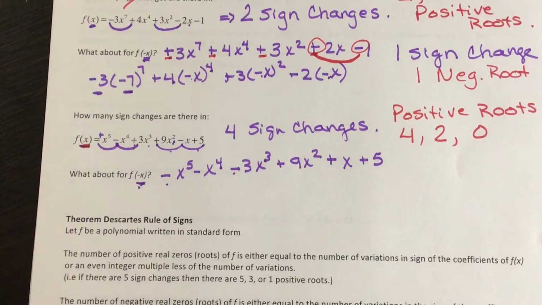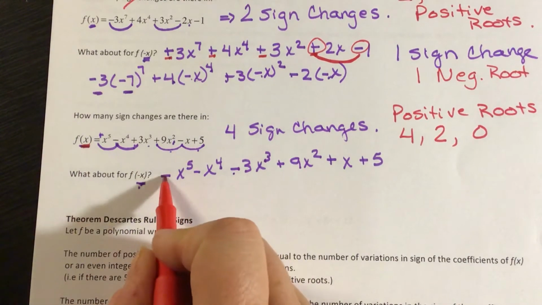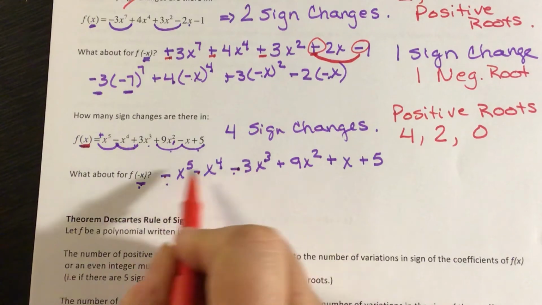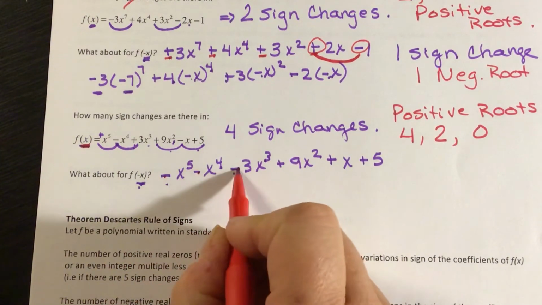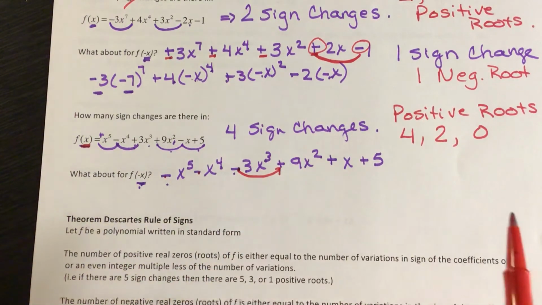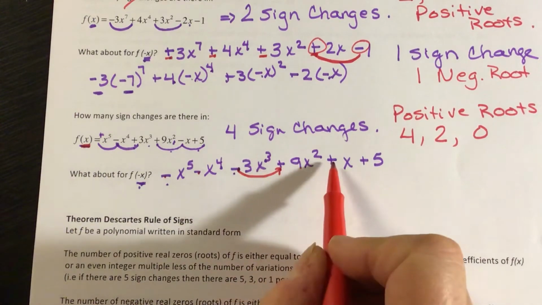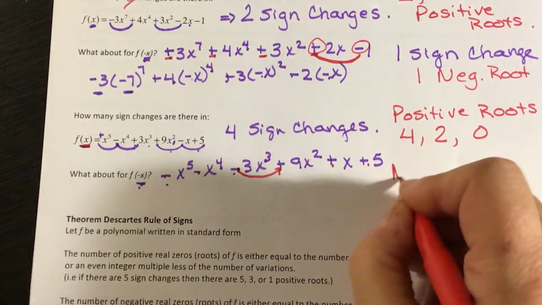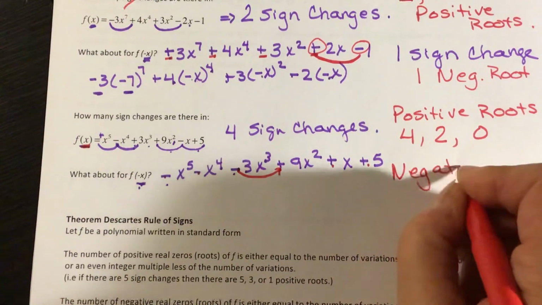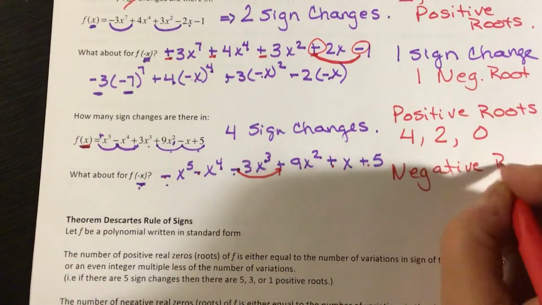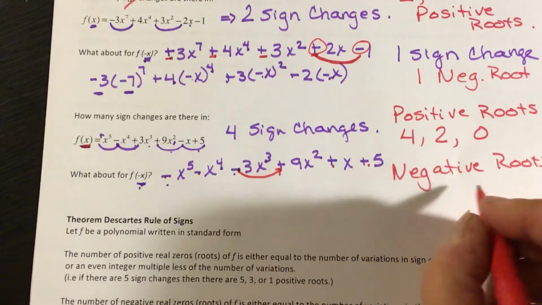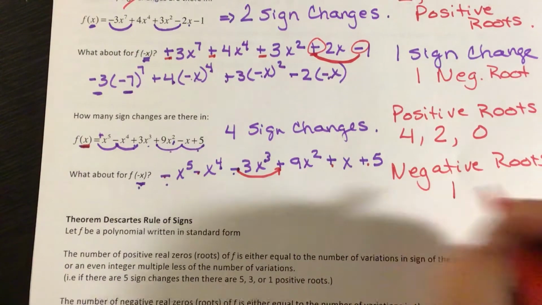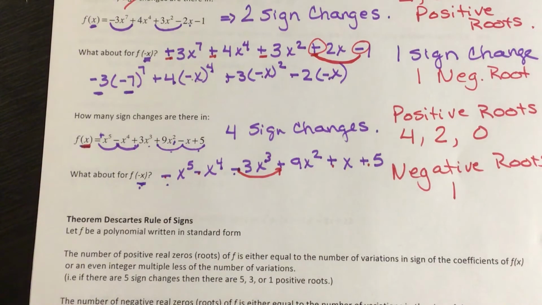So now we're going to count them up. So I'm going from negative to negative to negative, no change here. Now negative to positive is 1, and positive to positive to positive, there are no more sign changes. So for my negative roots, there are only 1. Okay.